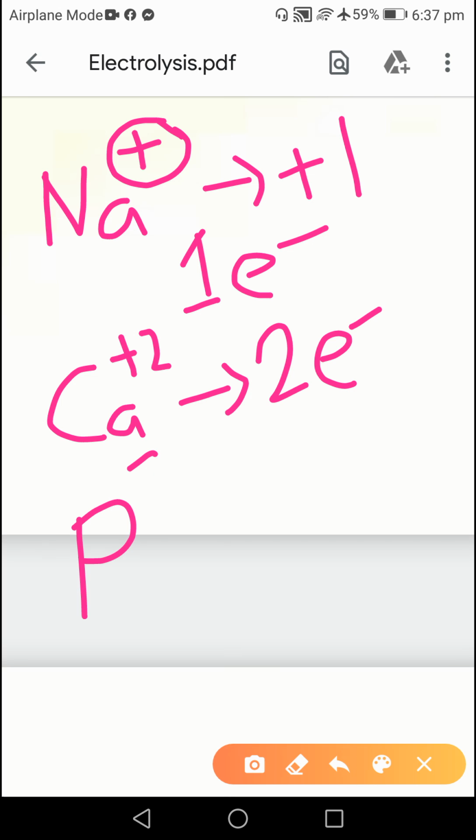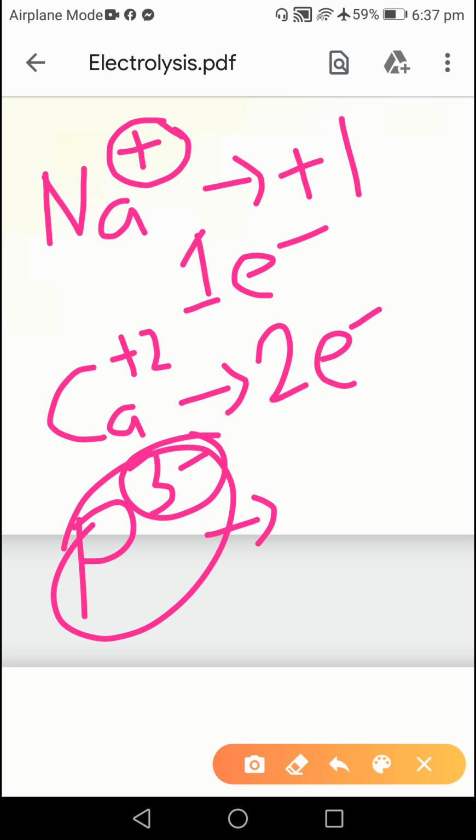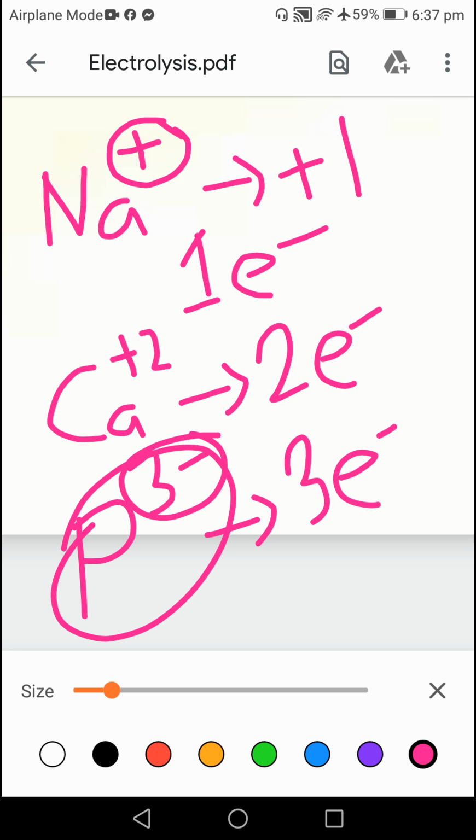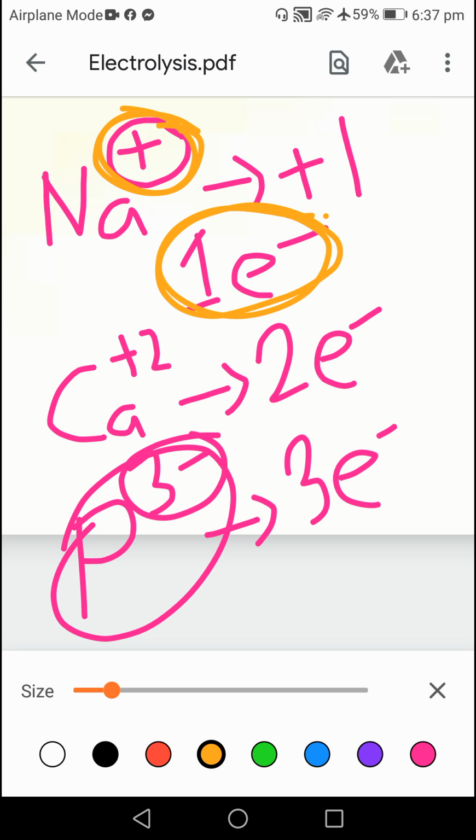Again, for example, phosphorus, it's 3 minus. So what is the charge? 3 minus. So the phosphorus ion will deal with 3 electrons. This again reveals that a certain ion will deal with an equal number of electrons as that of its charge.